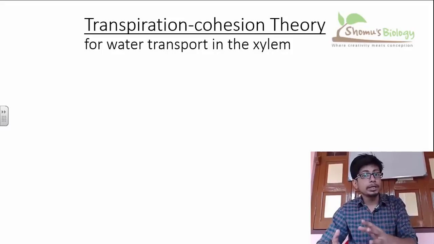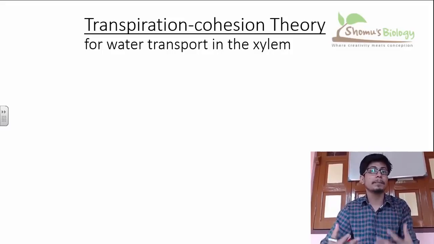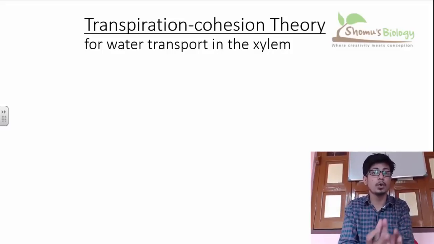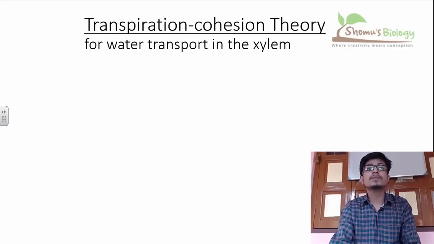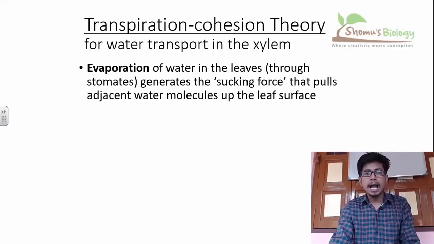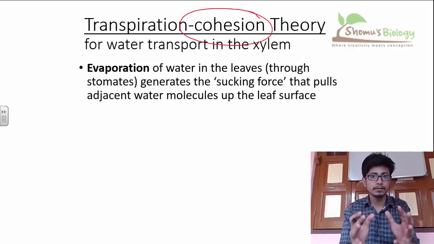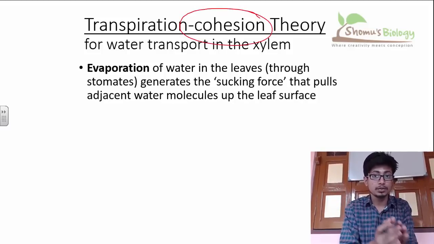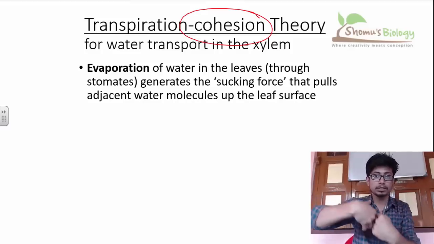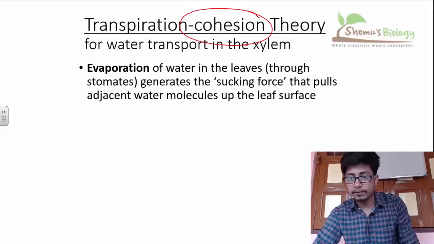So here we have a theory to explain how plants take up water. We call it the transpiration cohesion theory for the transport of water through xylem. And why is it called transpiration cohesion? Cohesion is one of the biggest forces involved in dragging water, because the water molecules are attached to one another. If I draw xylem like a pipe, the water molecules are attached to one another.